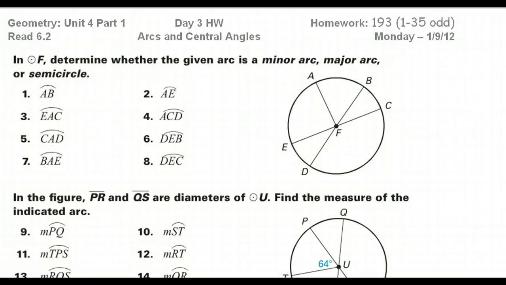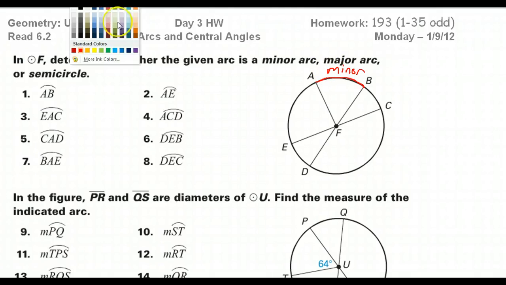Now, I guess I need to mention one more thing. Here where it says problem number 1, it says, look, arc AB. And you see here's A and here's B. So if you didn't know any better, you might have a question and say, wait a minute, I could go from A to B that way, and that would be a minor arc if I did it like that.